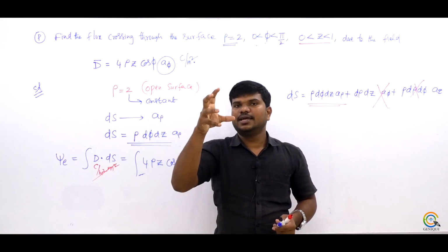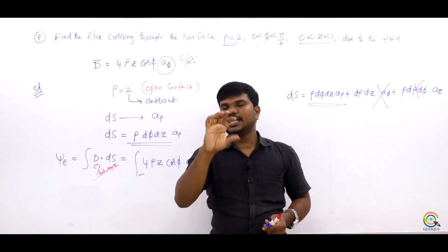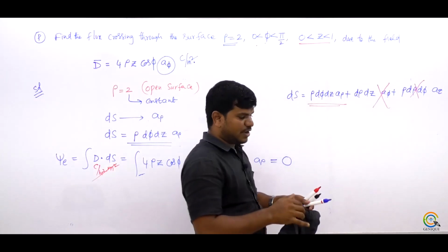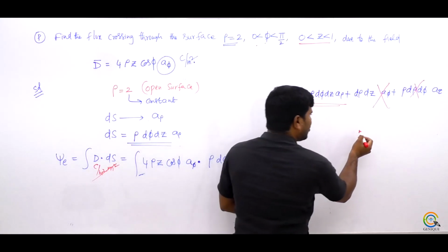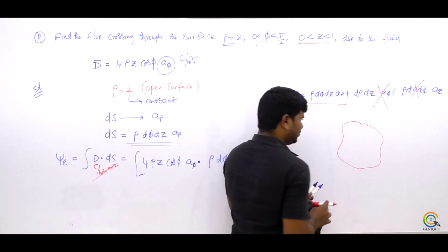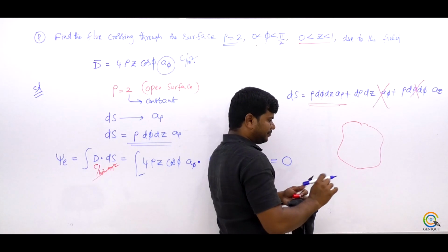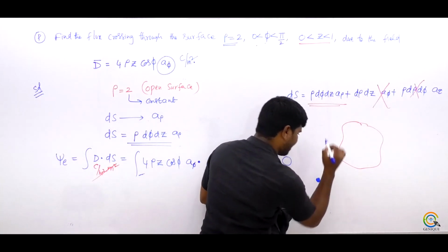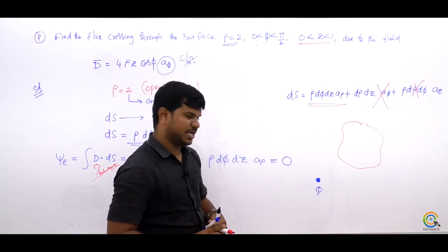When we say flux entering and flux leaving, suppose there is a closed surface and a point charge is placed here.